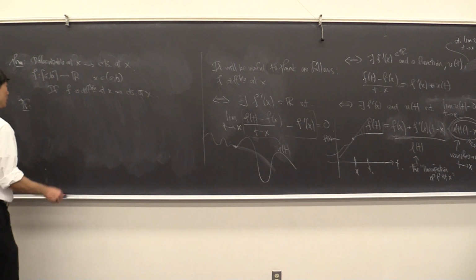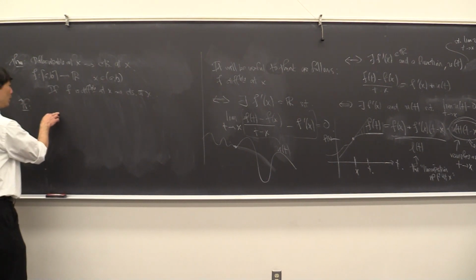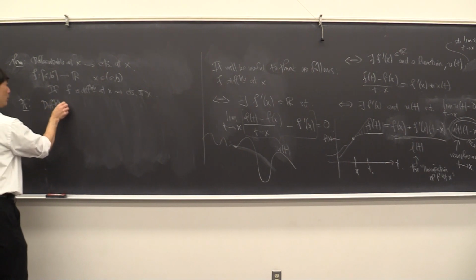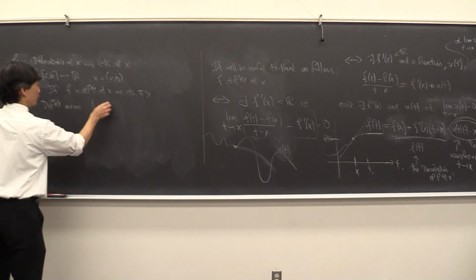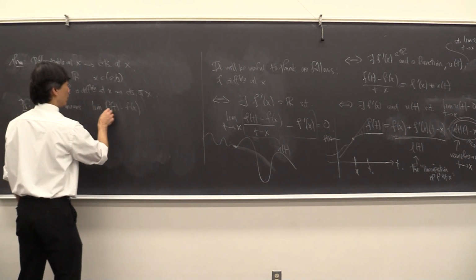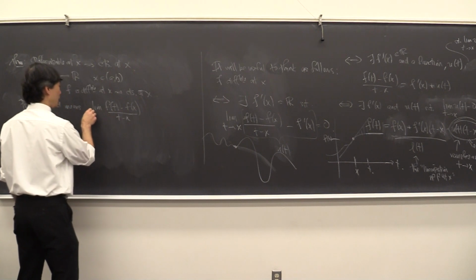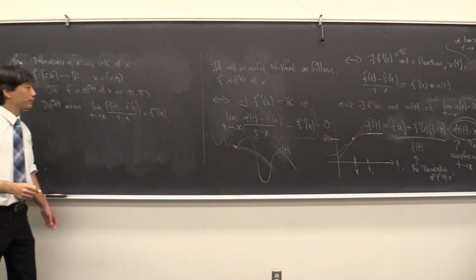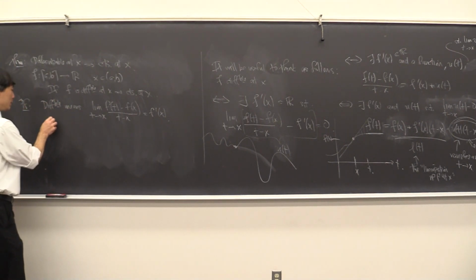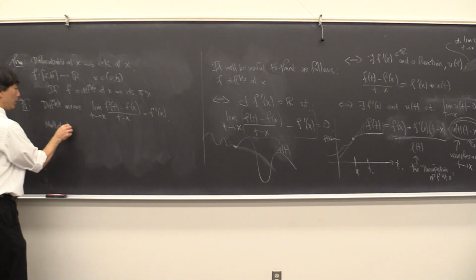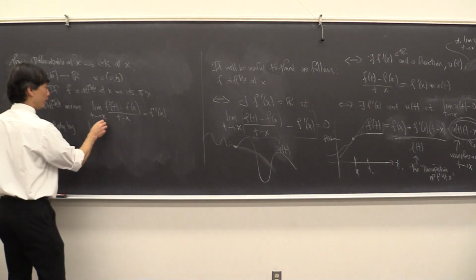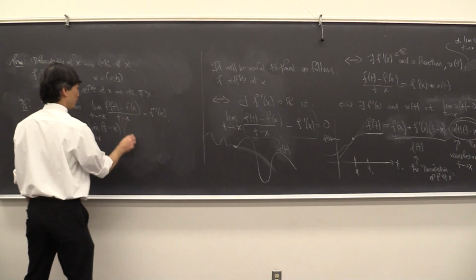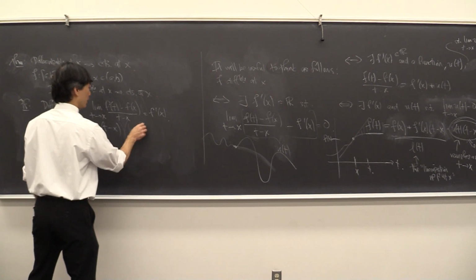You say, well, look, differentiable means that the limit of f of t minus f of x over t minus x as t approaches x equals f prime of x. And then you multiply both sides by the limit of t minus x as t approaches x. So you get this sort of thing.